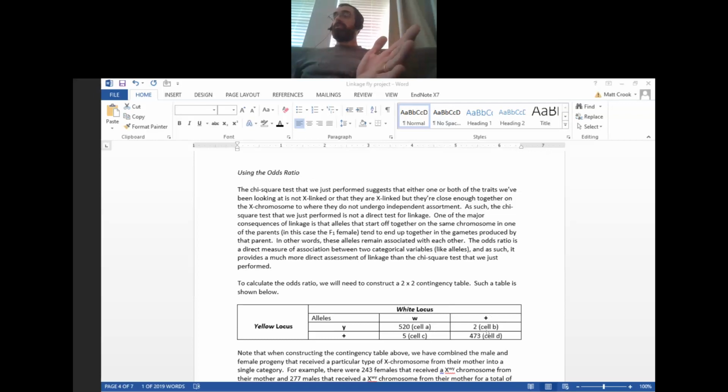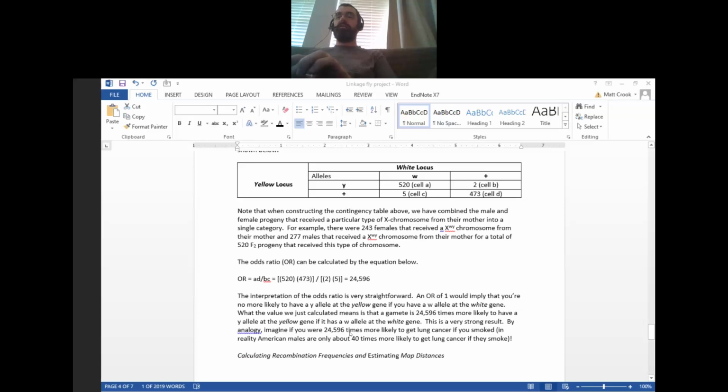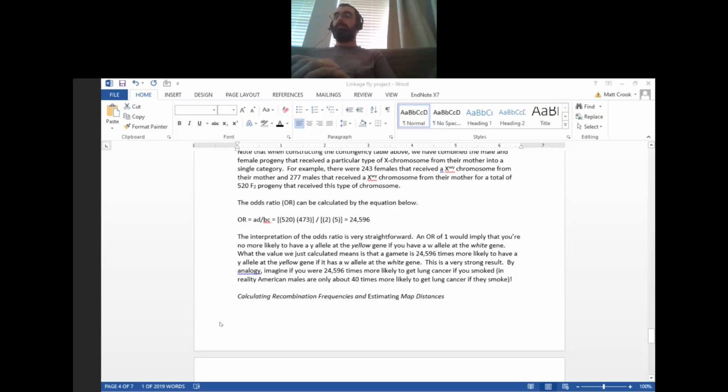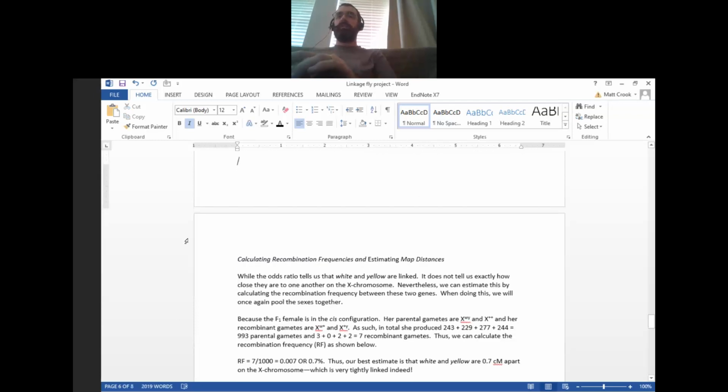Essentially, if the odds ratio is 1, then it's equal, there's no bias one way or another. So this is essentially looking at the probability of getting different chromosomes, right? And so that tells you how to do so down here. Got some funky formatting going on. Here we go, looks better.